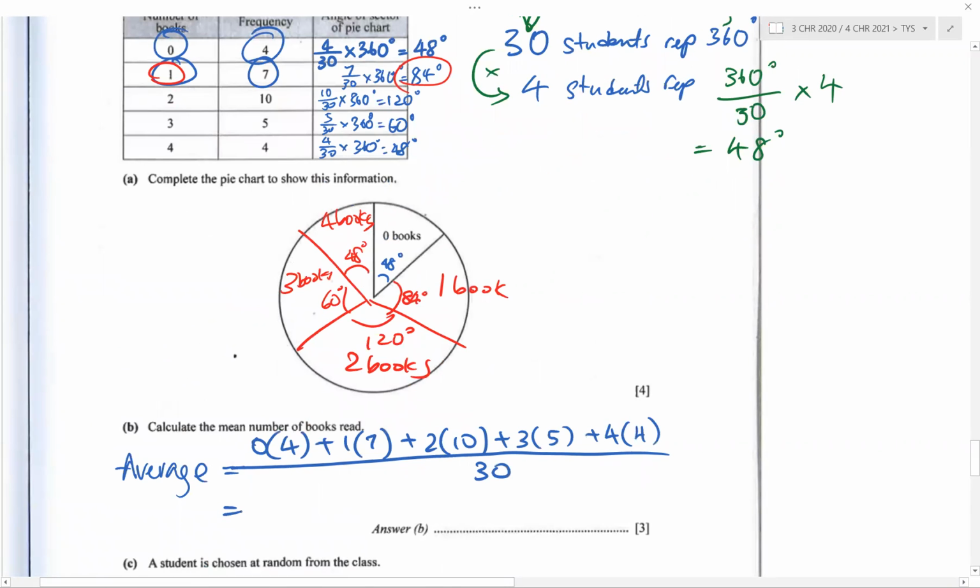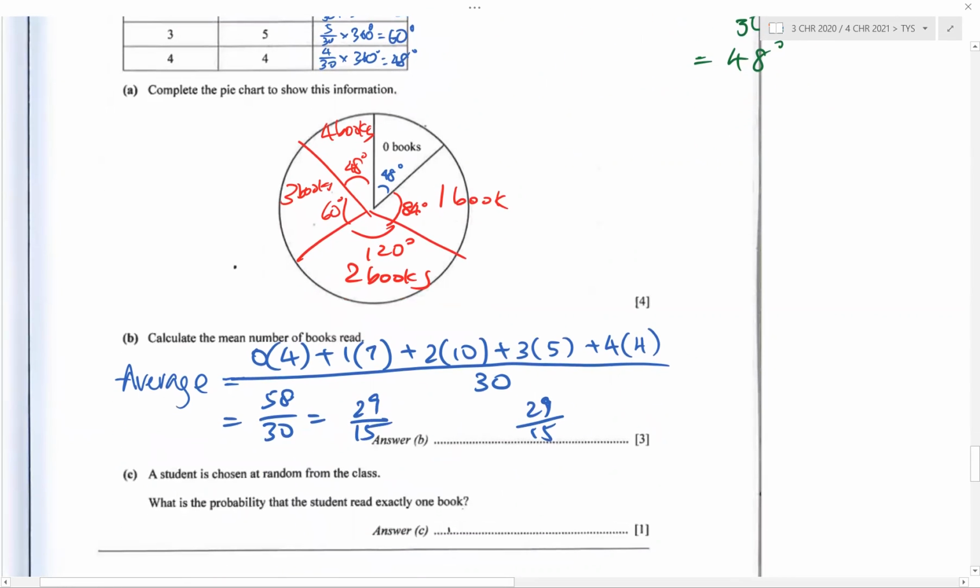How much? Is it exact? What is the exact value? 48 over 30. So divided by 2, we get 29 over 15. Okay, so that's the average, that's the mean.